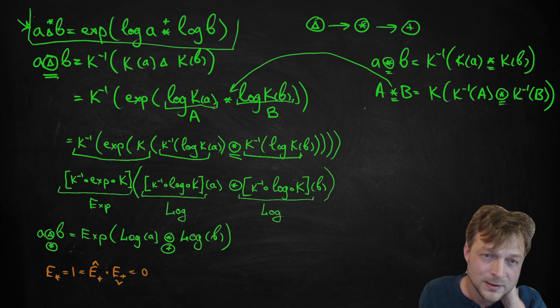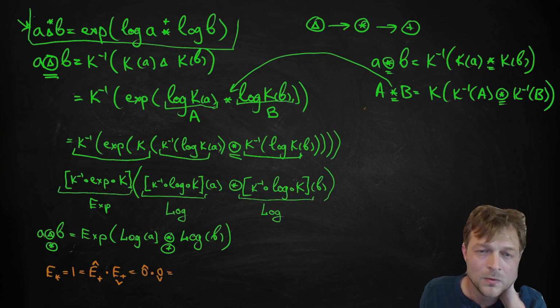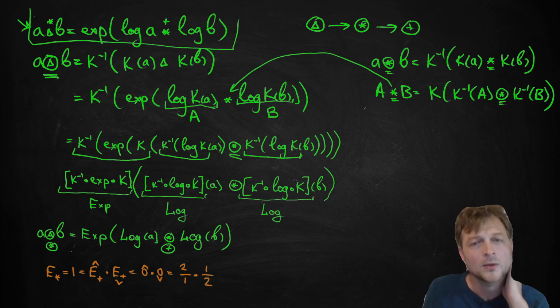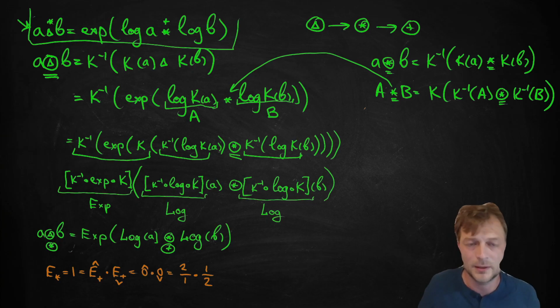That's 0 multiplied by 0, or the same way we just introduced fractions, 1 over 2 and 2 over 1.